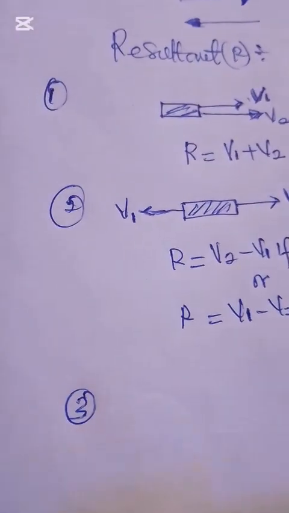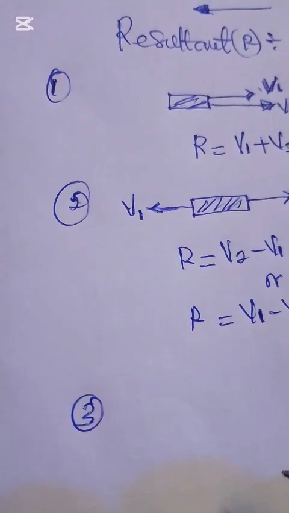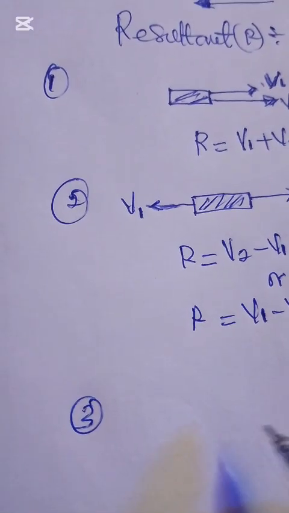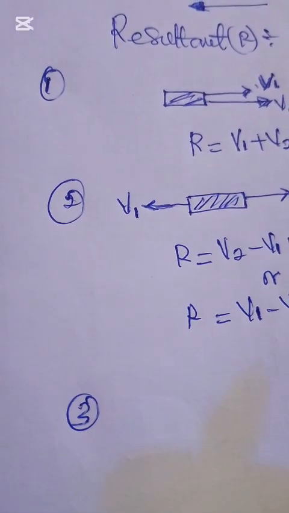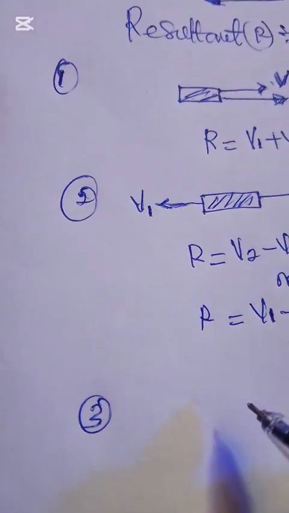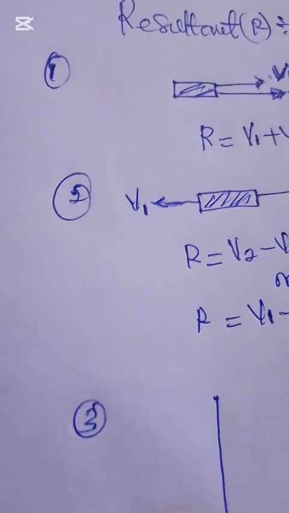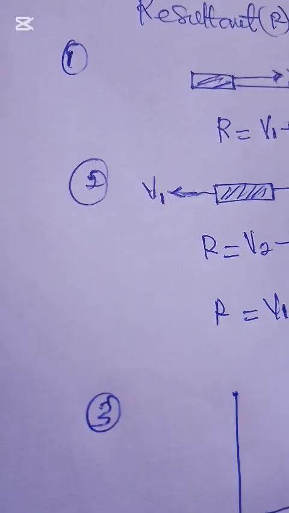Case 3 is when two vectors act at right angles to each other. You simply use the Pythagoras theorem to find the resultant. When they act perpendicular, or at right angles to each other, you simply use the Pythagoras theorem to find the resultant. So let's say you have a vector, and this is also a vector.